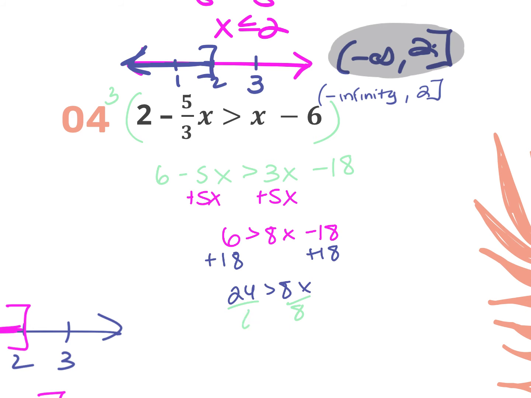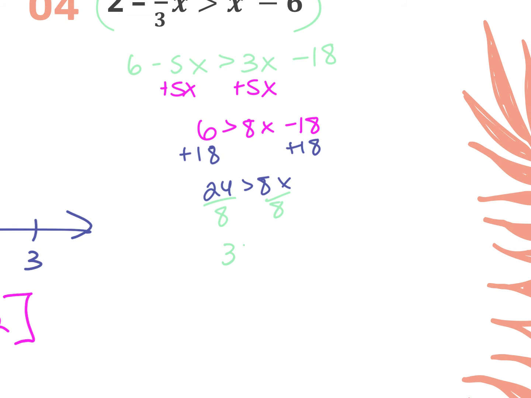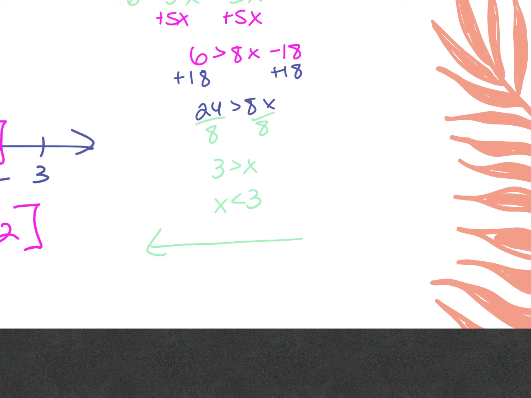Divide by 8. 3 is greater than x, or x is less than 3. On a graph, actually, let me go 2, 3, 4. Put a parentheses on the 3 and point it left. So negative infinity to 3 with a parentheses on the 3.